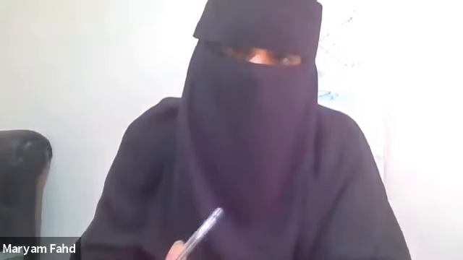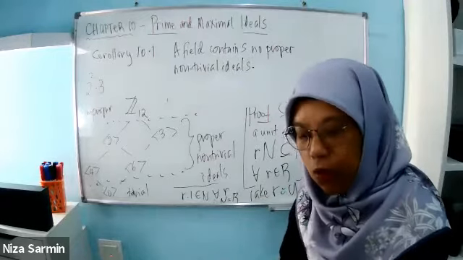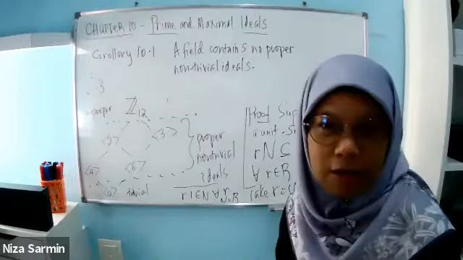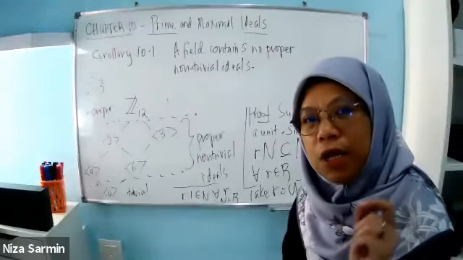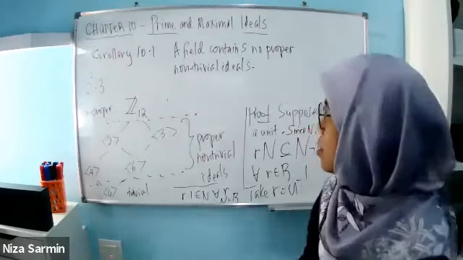R with addition is an abelian group, also R star without the zero with multiplication is an abelian group also. Okay, and a field is a set where each non-zero element is a unit, right? Yes. Meaning each element has an inverse, right? Okay, so by theorem 10.1.